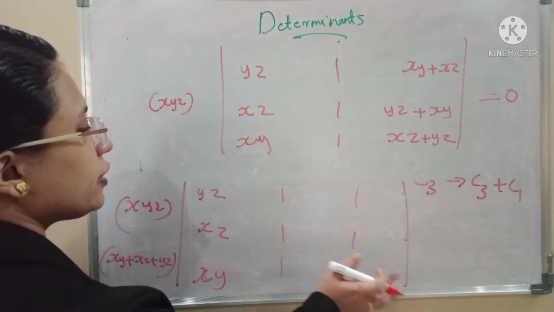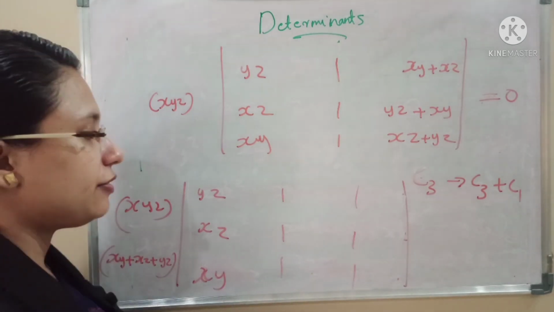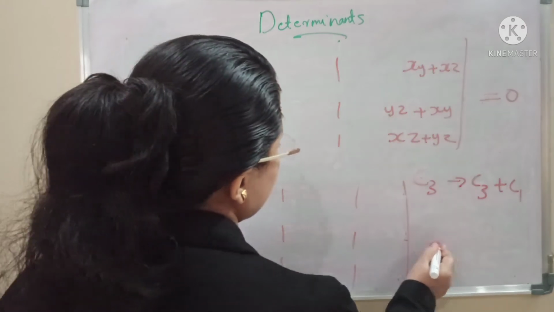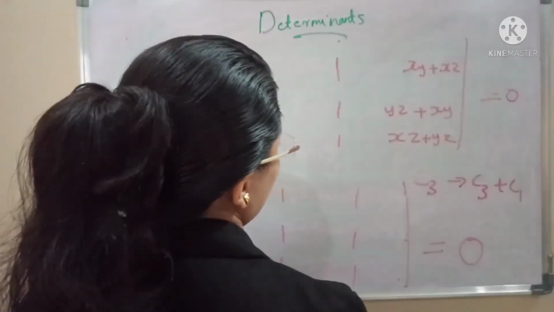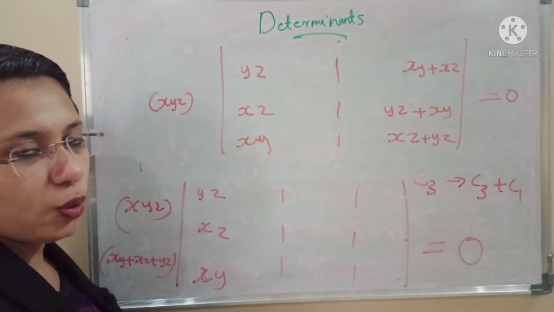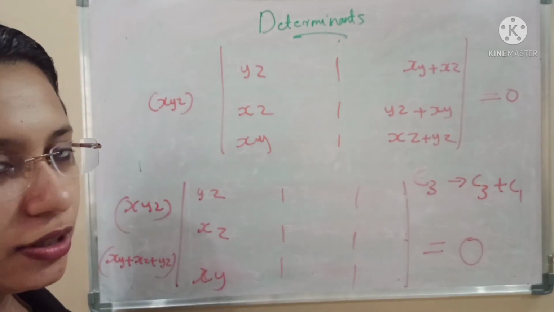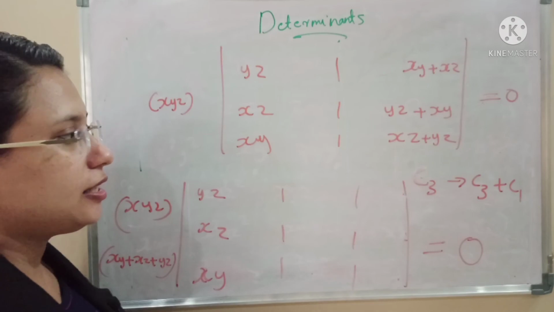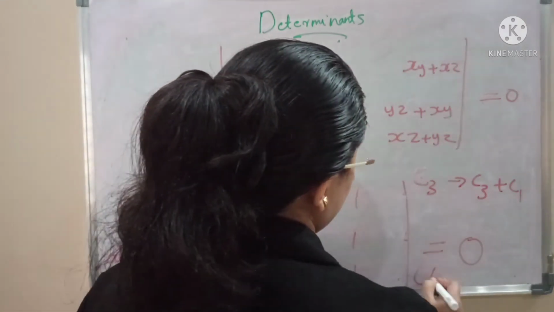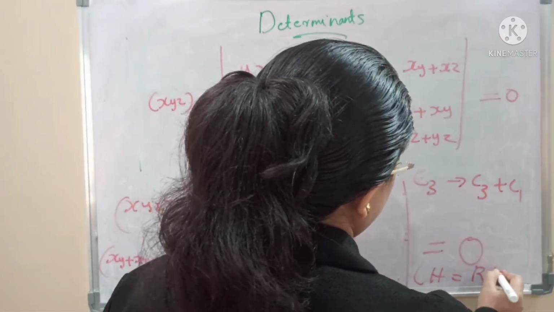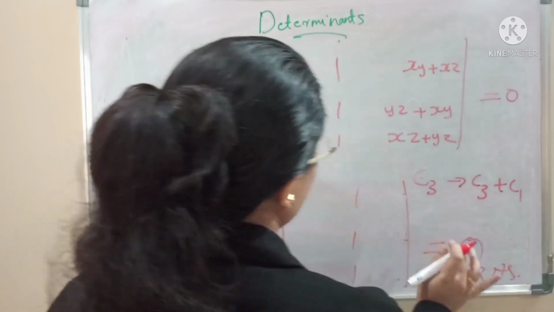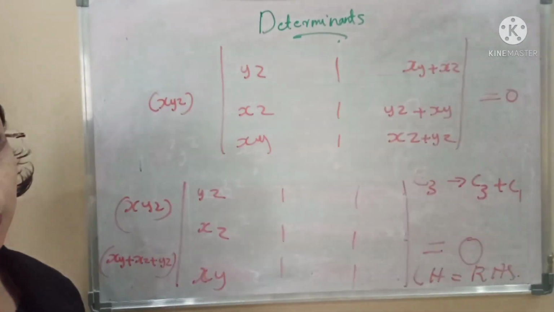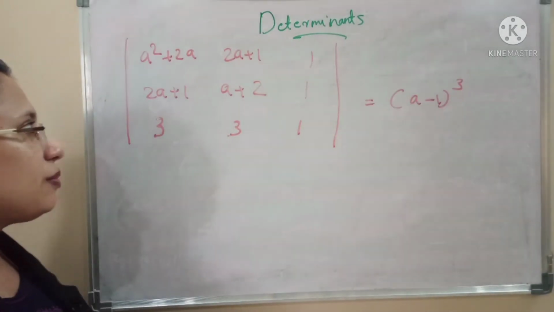So two of the columns are identical, so definitely we can say that this is going to be 0. What is the reason you have to mention? Since C2 and C3 are identical, LHS equals RHS, so the value of the determinant will be 0. Clear? Let's see our next problem.